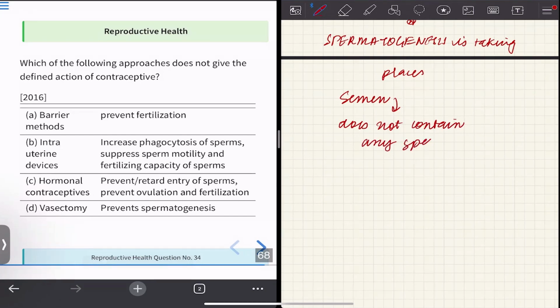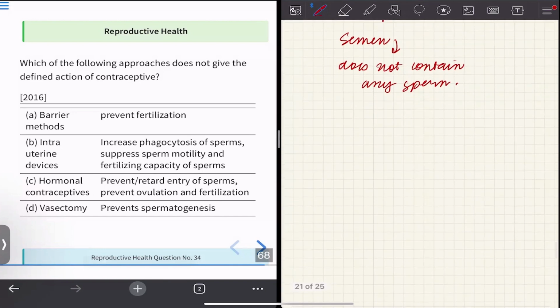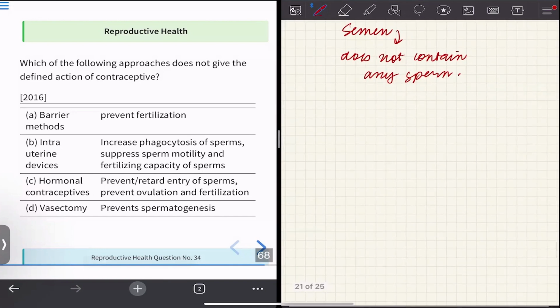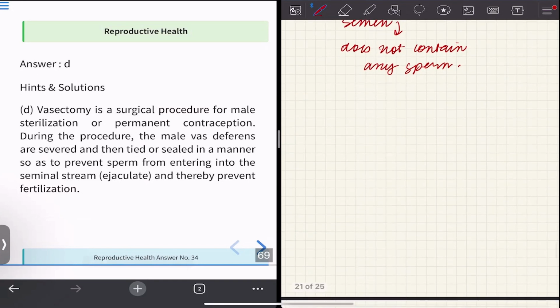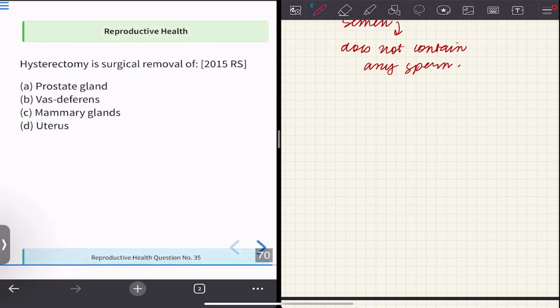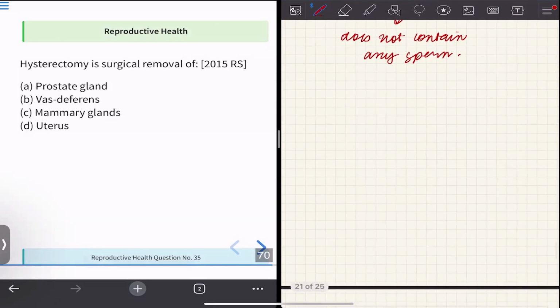Okay. So option D is the incorrect one. There is spermatogenesis, but the semen doesn't contain sperm. Vasectomy is a surgical procedure for male sterilization, and it is a permanent method of contraception. During this procedure, the male vas deferens are severed and then tied in a manner to prevent sperm from entering into the seminal stream.